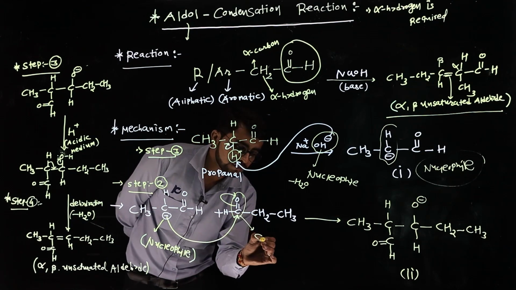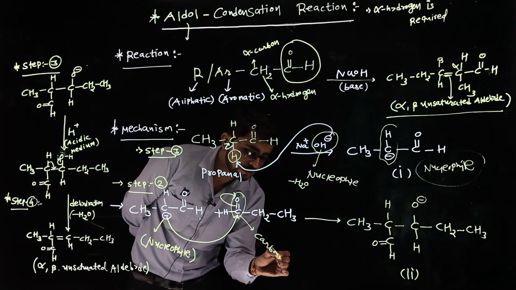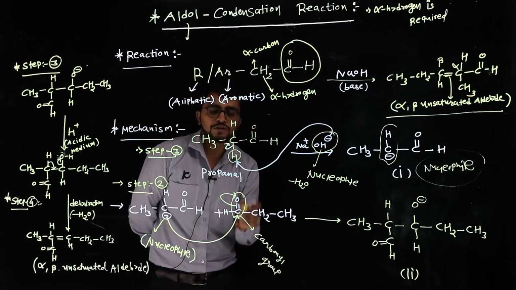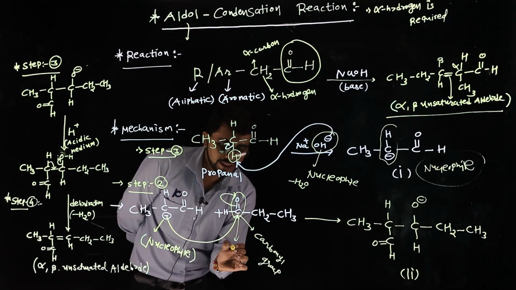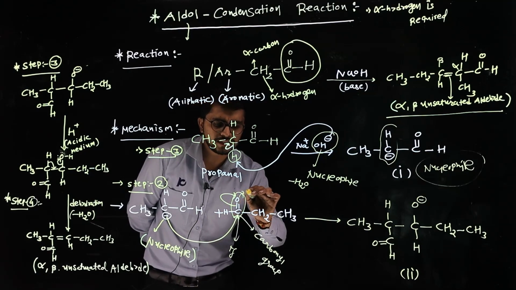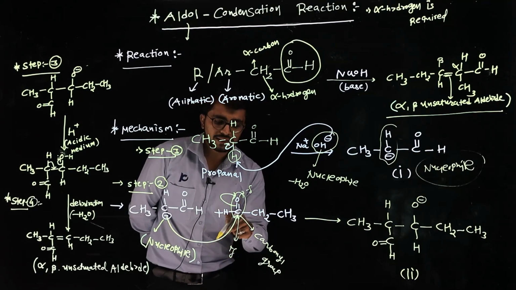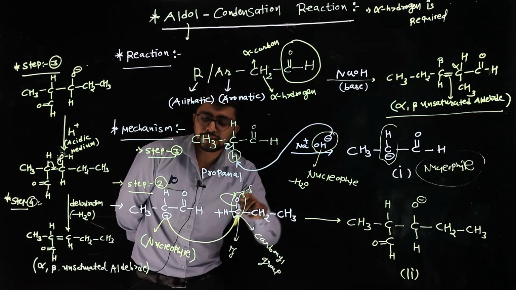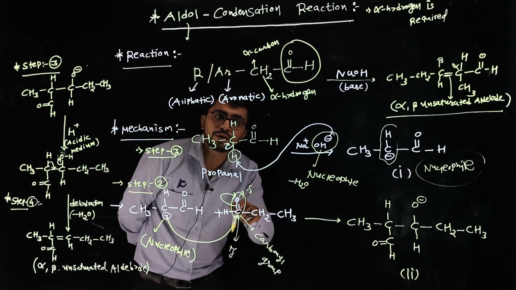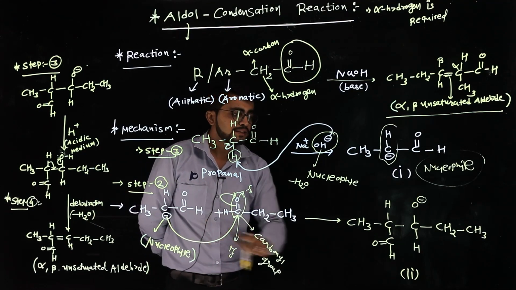In the carbonyl group, carbon has an electropositive character, delta positive, and oxygen is delta negative. So the nucleophile attaches to this carbon and the double bond electrons transfer to the oxygen, and the product is formed.